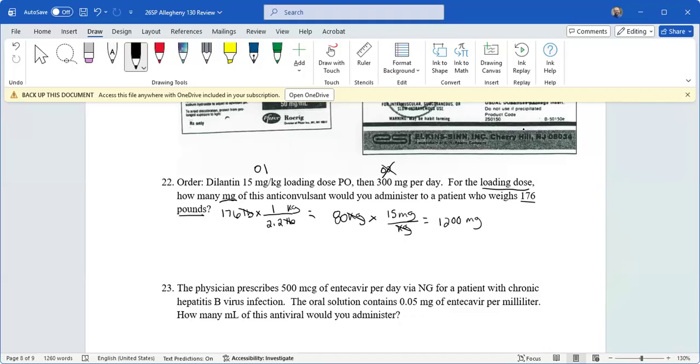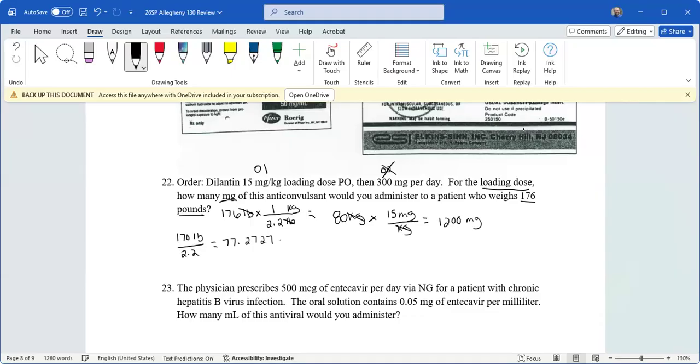Sometimes I get asked, what if somebody weighs 170 pounds and I'm dividing by 2.2 and I get a number that's not even, right? So when I do that, I get 77.27 repeating.